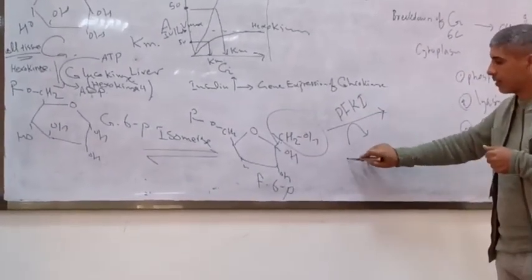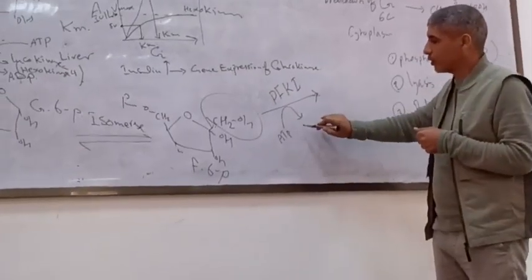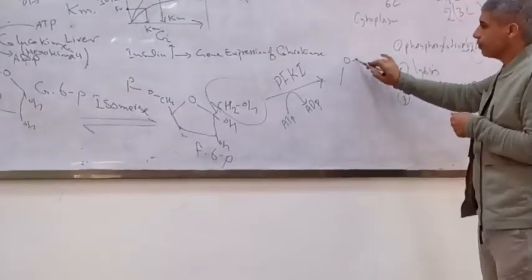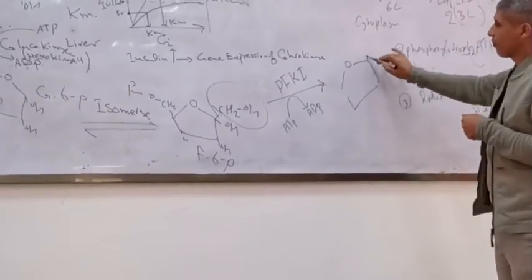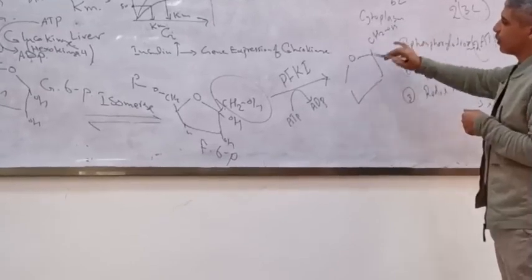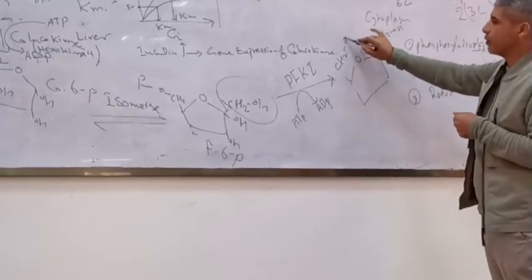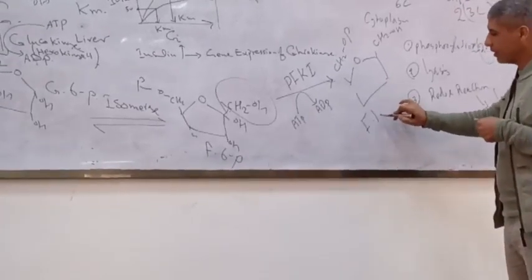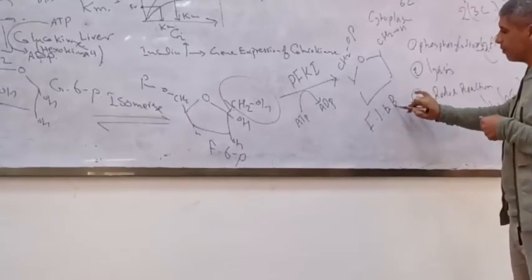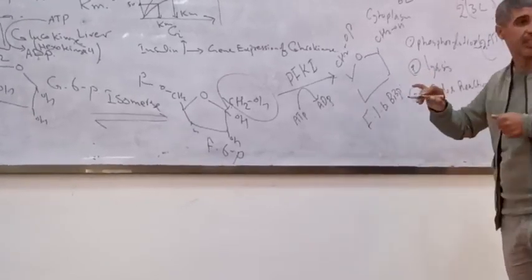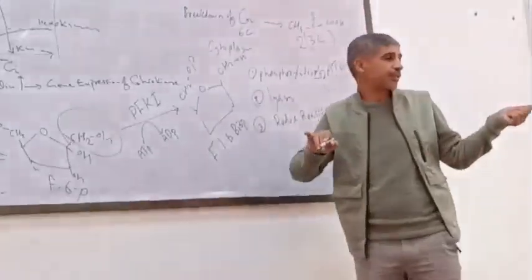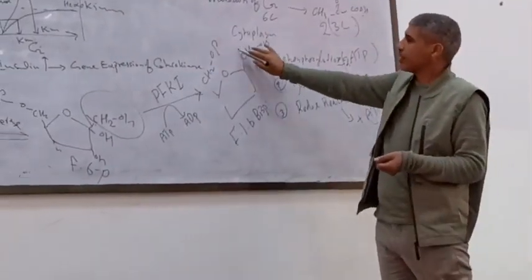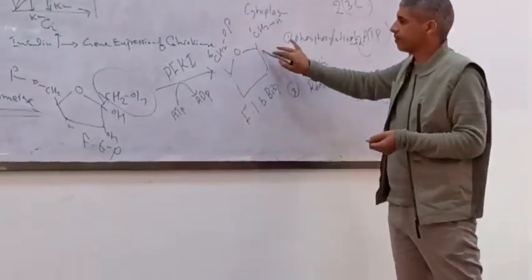Another ATP will be consumed, with a phosphate group at carbon 1 and at carbon 6: fructose 1,6-bisphosphate, or diphosphate, the same.